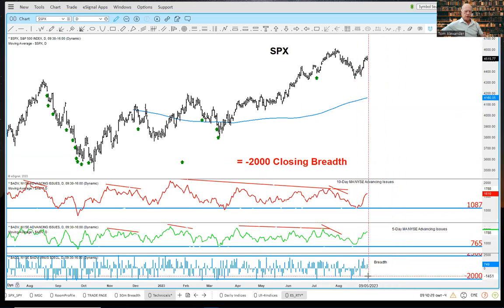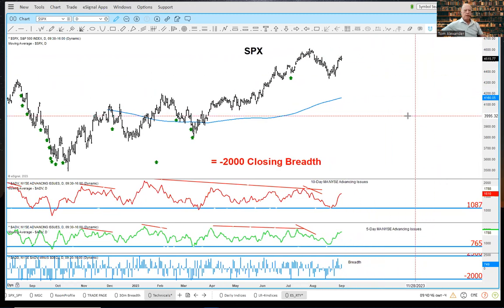You can see that breadth has been very positive for the past 6, 7, 8 trading days. We had one blip to the downside here before we ramped higher into Friday's high, and then a brief reversal.